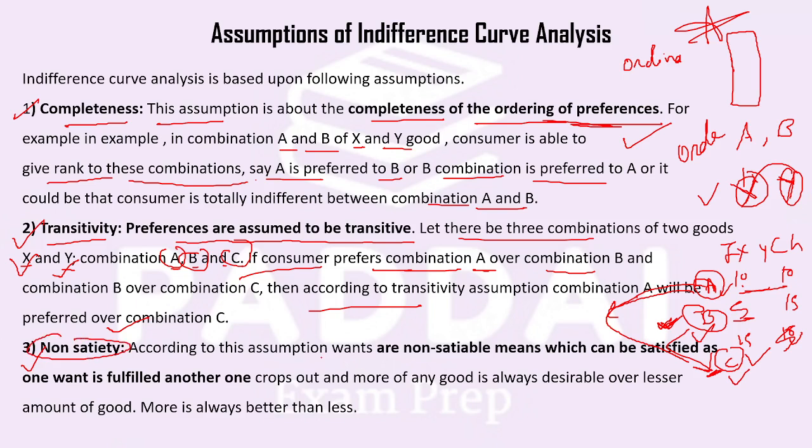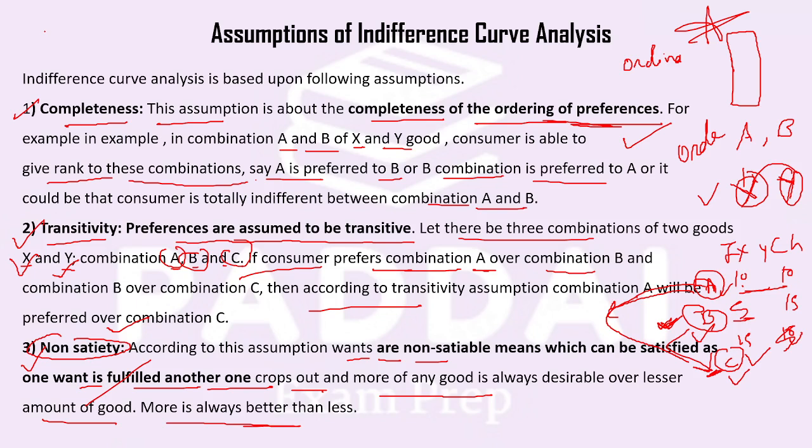Satiety. According to this assumption, wants are insatiable, meaning as one want is fulfilled, another one crops up, and more of a good is always desirable over a lesser amount of the good. More is always better than less. Now what does this mean?